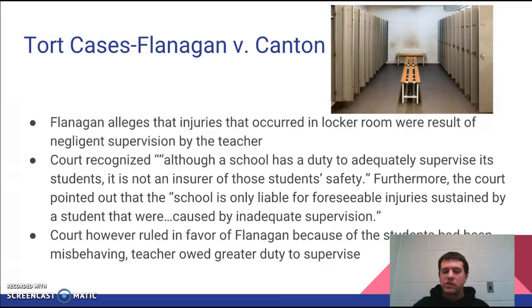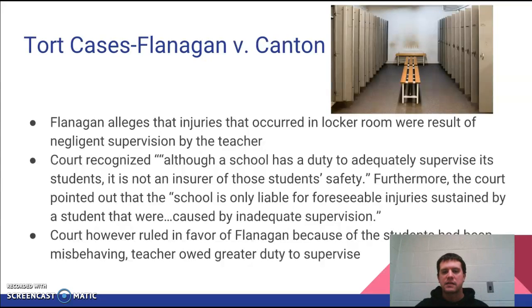Although the physical education teacher normally accompanied the youngsters in the locker room, he remained in the gymnasium to speak with another student for not more than 3 to 4 minutes. Based on the events, they sued. The court did recognize that although a school has a duty to adequately supervise its students, it does not ensure those students' safety.